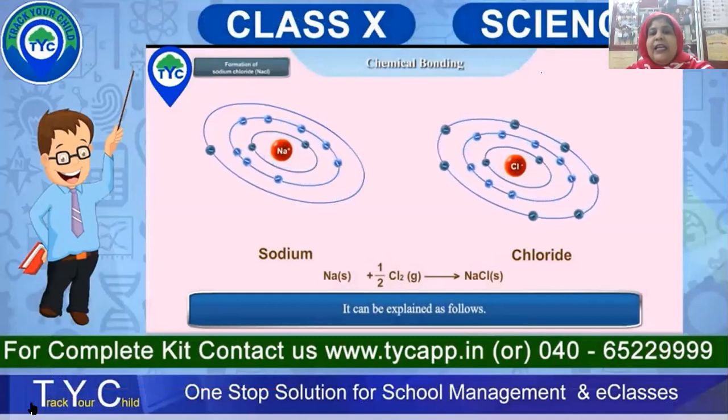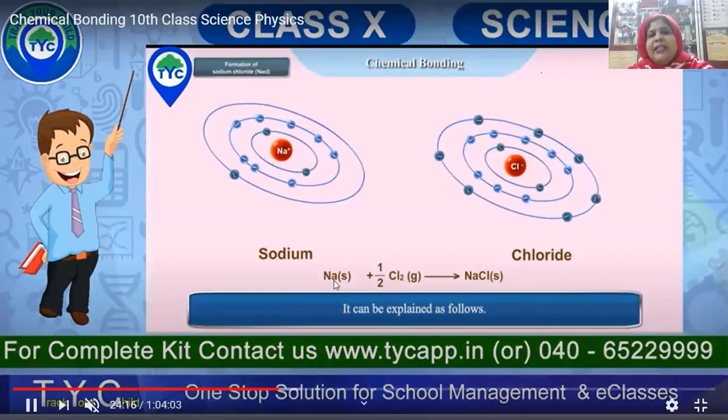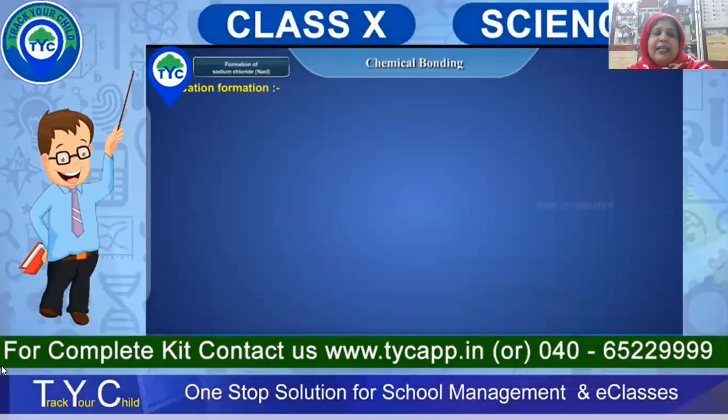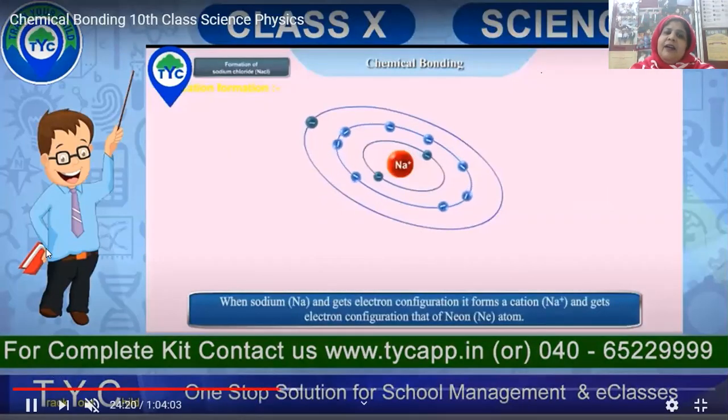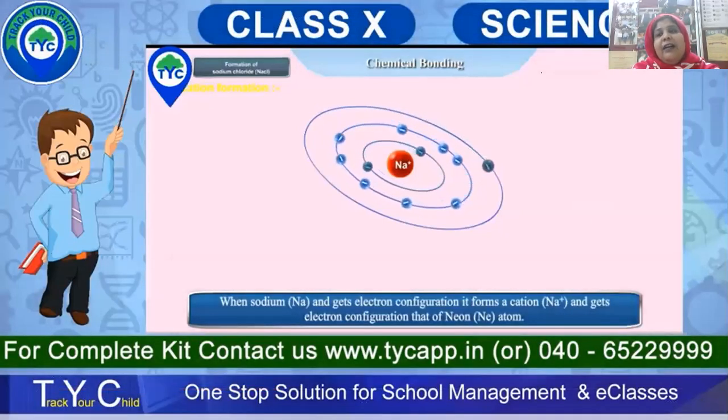So it can be explained as follows. If you can just see, this is how the formula is written. You will see that Na plus Cl gives NaCl, and when sodium loses an electron, it forms a Na+ cation with the electronic configuration of neon, and the electronic configuration of that is only Ne.